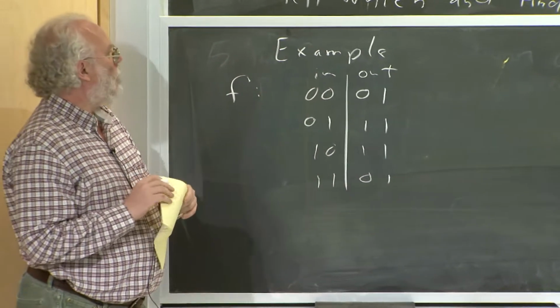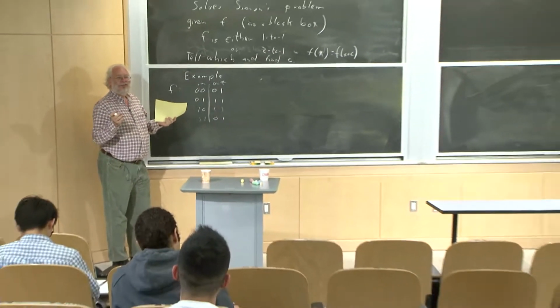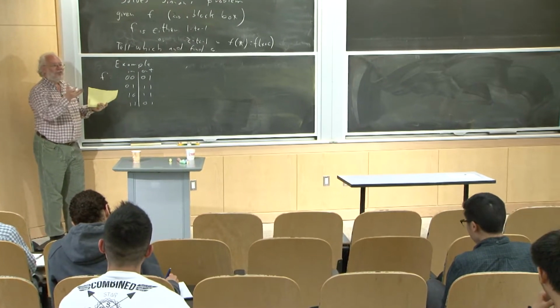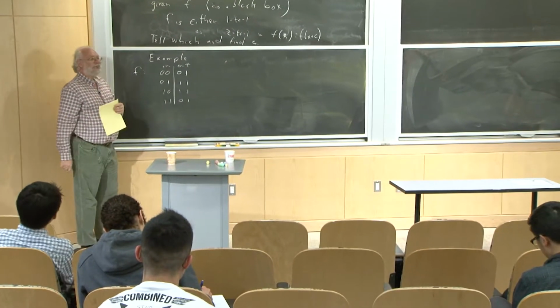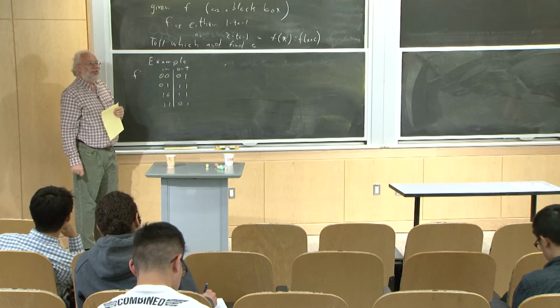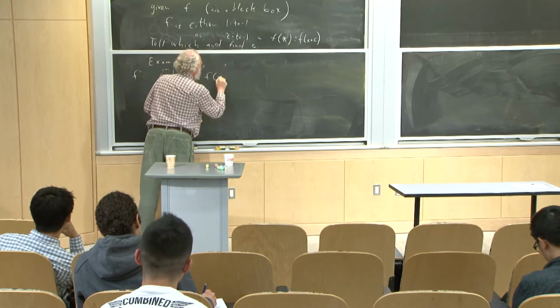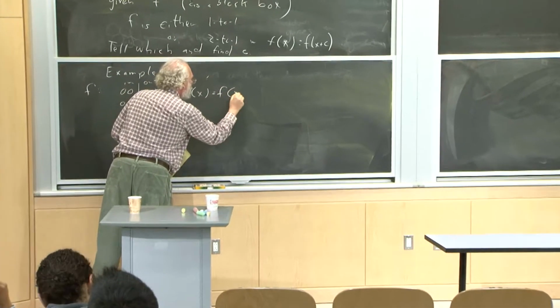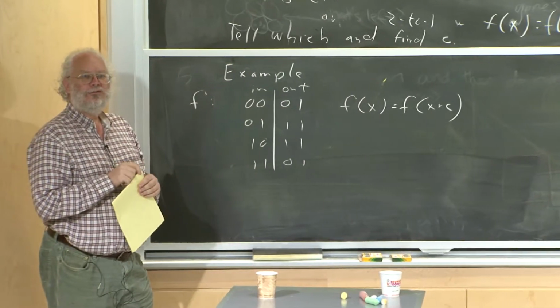So can anybody tell me whether f is 2 to 1 or 1 to 1? 2 to 1. Very good. And can anybody tell me what c is? f of x equals f of x plus c. So what's c here?